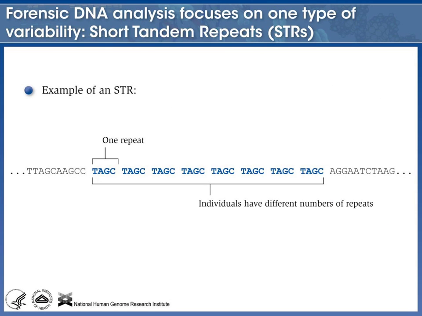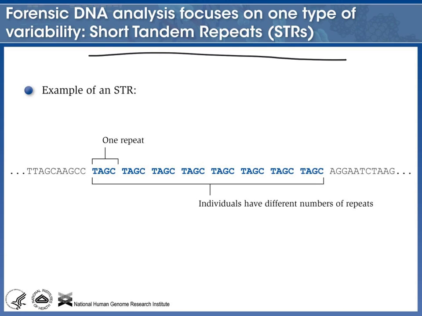Okay. And here we are up here. Short tandem repeats, STR. And let's say you have one individual here, and this is a repeat, a TACG repeat, okay? So you can make complements of this.